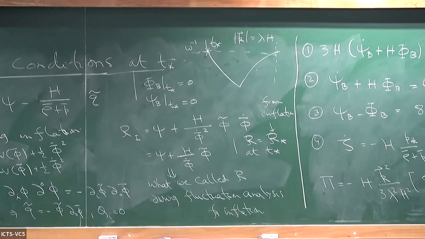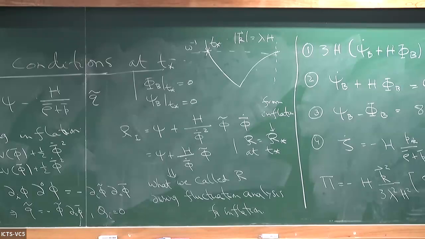So, super horizon evolution. That means k small, k squared over lambda squared H squared much less than 1, so ignore k squared terms.